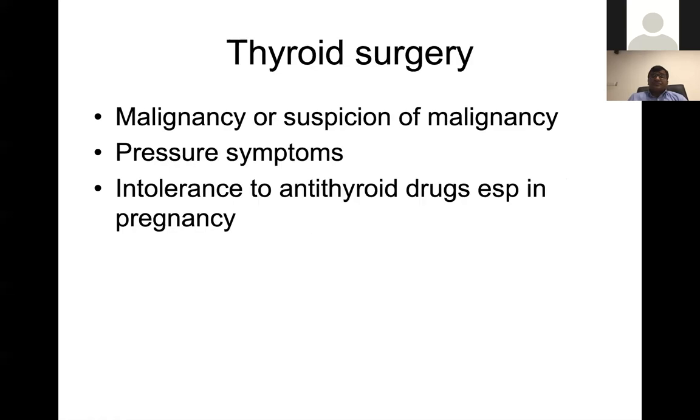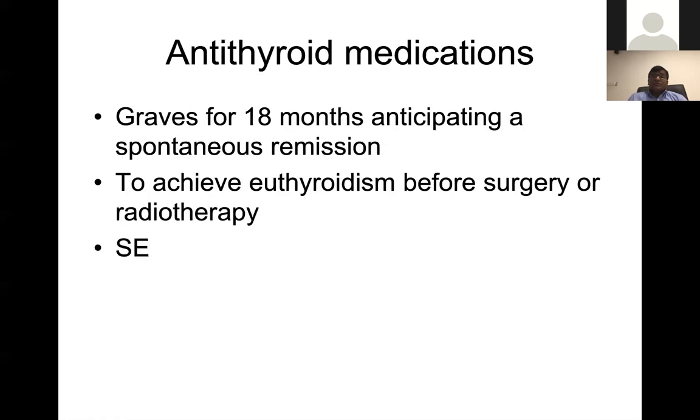Now, usually the antithyroid medications are thionamides: carbimazole, and then methimazole is the active form of this molecule, and also there is propylthiouracil.